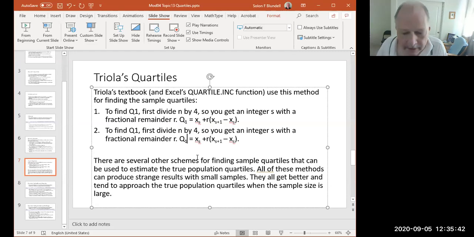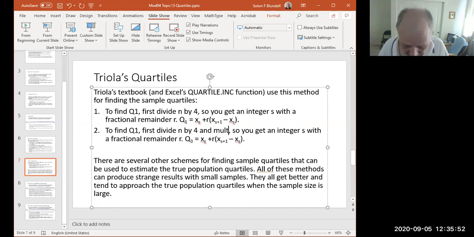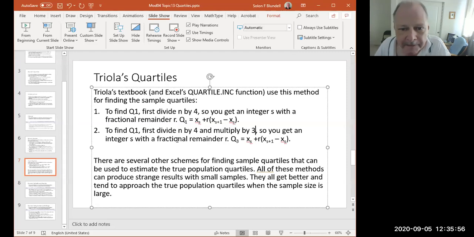So to find the 3rd quartile, you divide by 4 and multiply by 3. And then you get the same deal again.